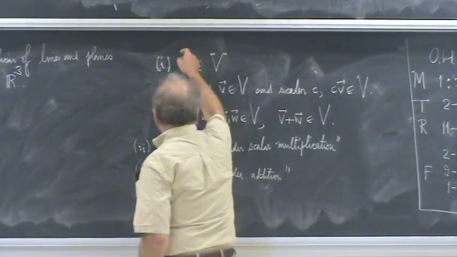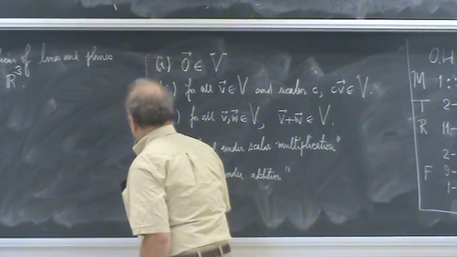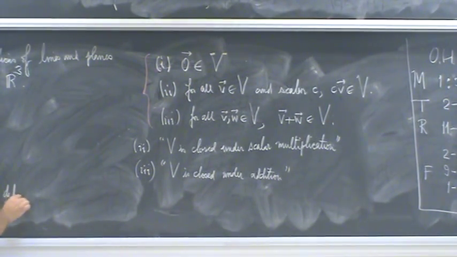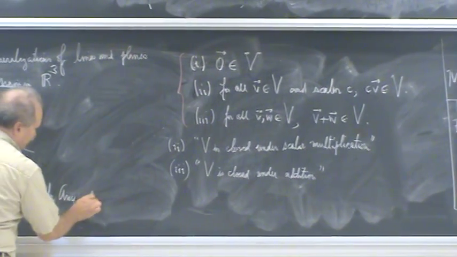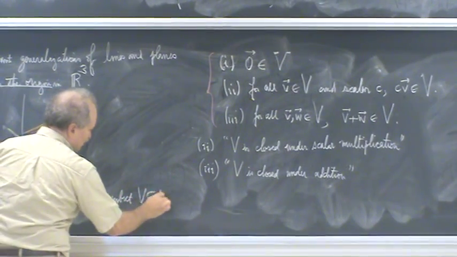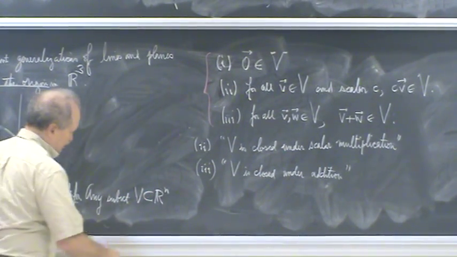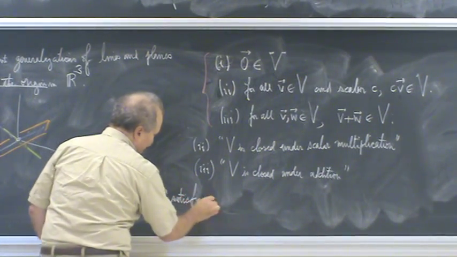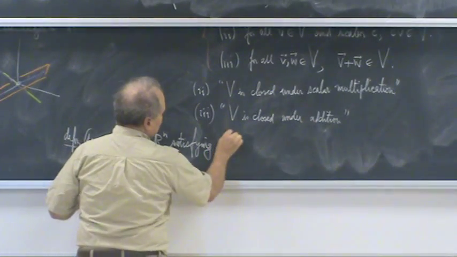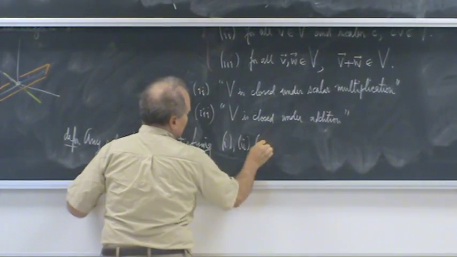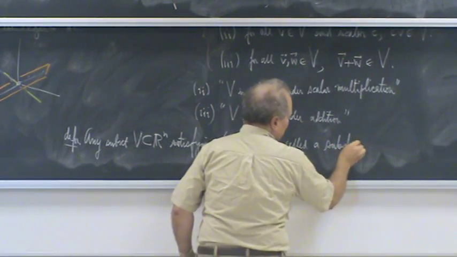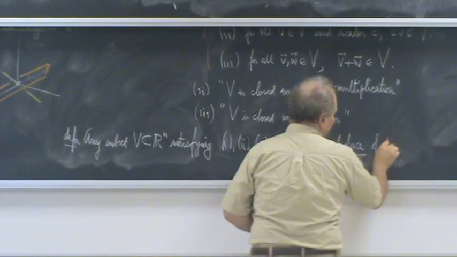So any subset V of Rn satisfying 1, 2, and 3 is called a subspace of Rn.